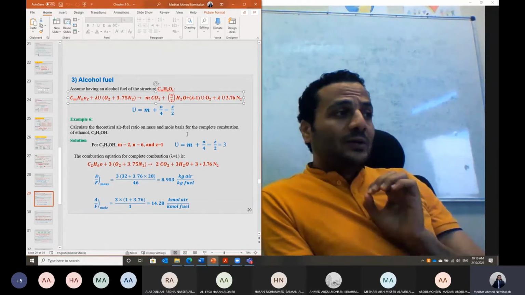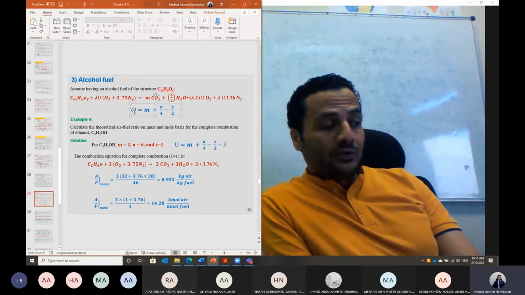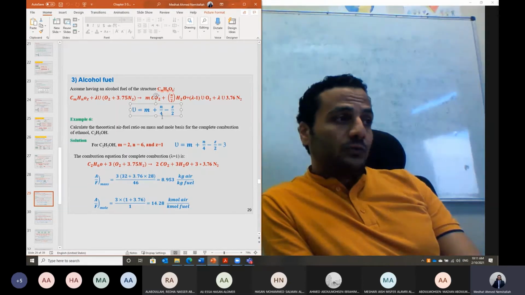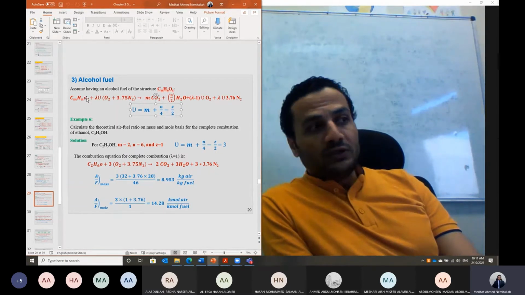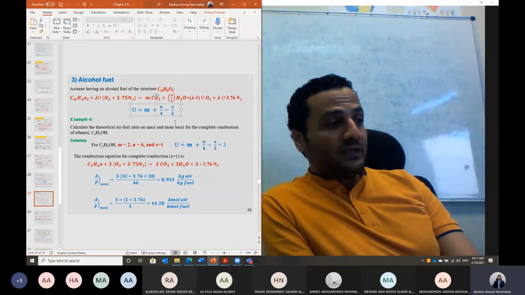But in this case, the gamma, or the stoichiometric number of moles of air, will equal M, number of carbon atoms, plus N over 4. But we have to subtract the amount of oxygen contained in the fuel. We have to add minus Z over 2.